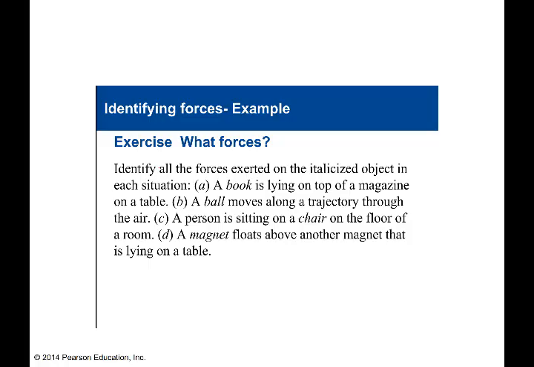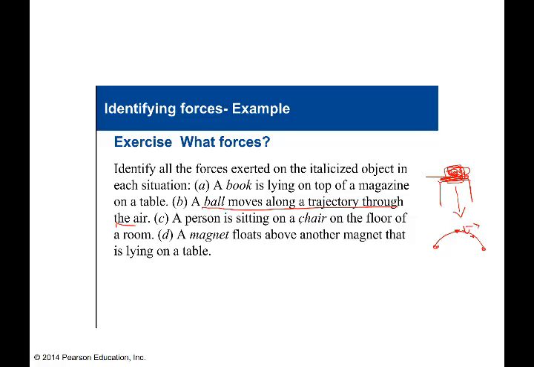So a book lying on top of a magazine on the table. So there's a book which is lying on the table, and there's a magazine on top of it. The force between the magazine and the book is contact force, but the force between the table and the floor will be gravitational. A ball moves along a trajectory through the air like a projectile. So it's only field force because it's under the influence of gravity.